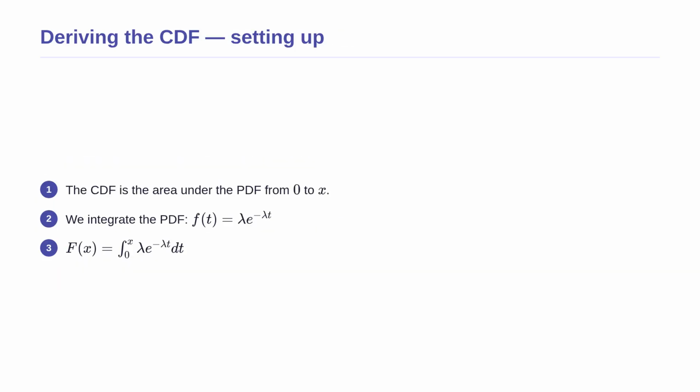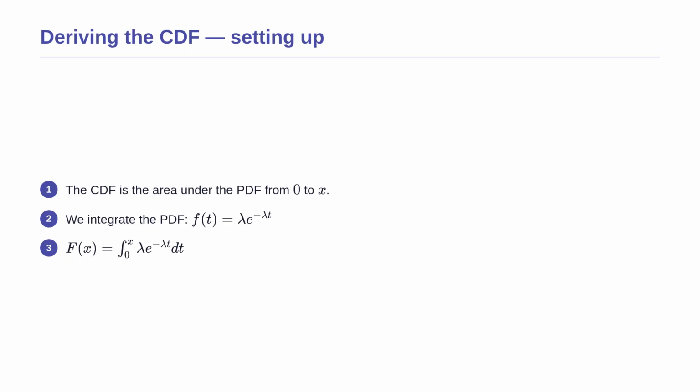Now that we have successfully used the cumulative distribution function to solve a real problem, let us understand exactly where this formula comes from. In calculus, finding the accumulated area under a curve means we need to integrate the probability density function. We set up our definite integral starting from time 0, sweeping all the way up to our specific cutoff time, x.